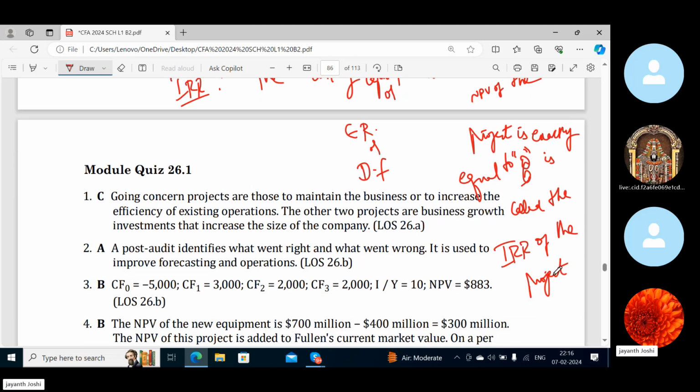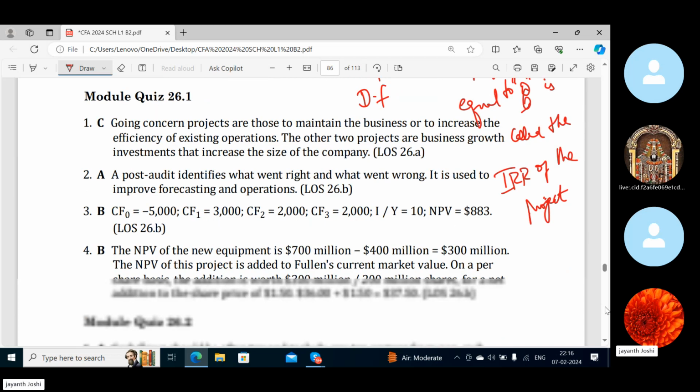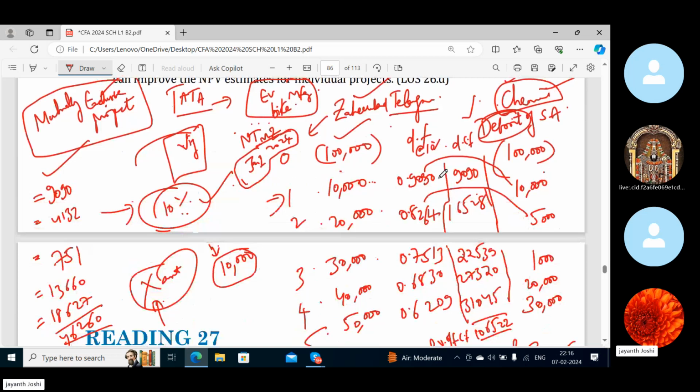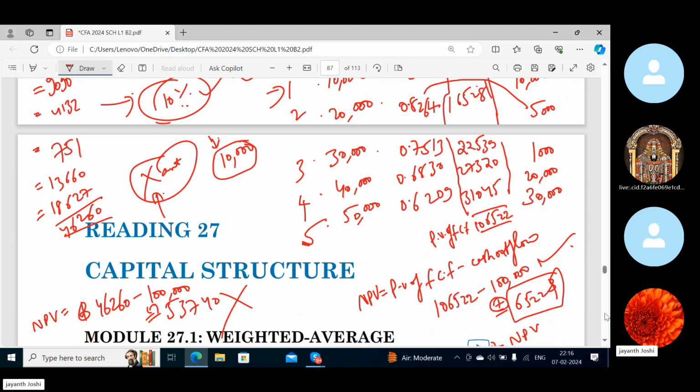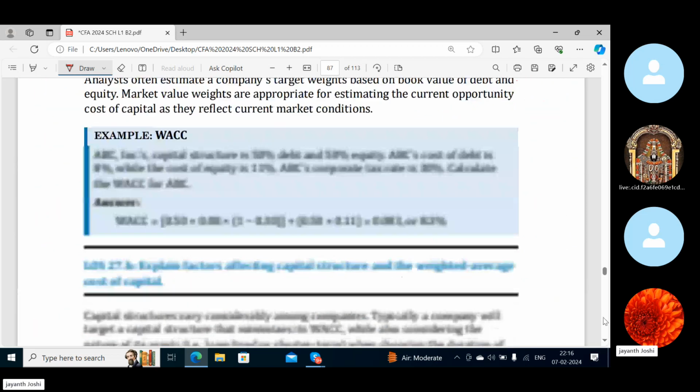Now, many of you may not have understood what I mean to say. So let's do this same question, the Zahirabad one. Let's say we have these cash flows and we have the expected return, what we are expecting from this project, is 10%. Okay, I'll do a fresh question for you.